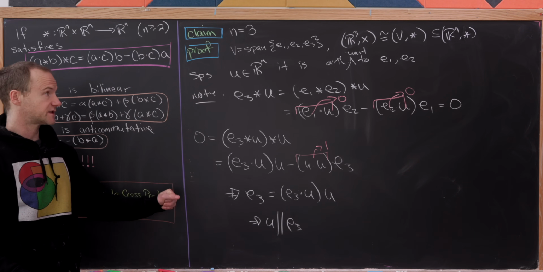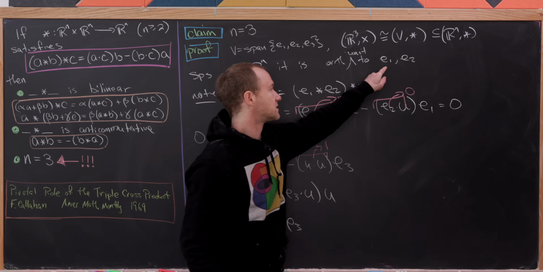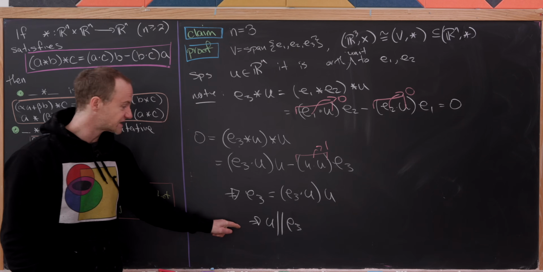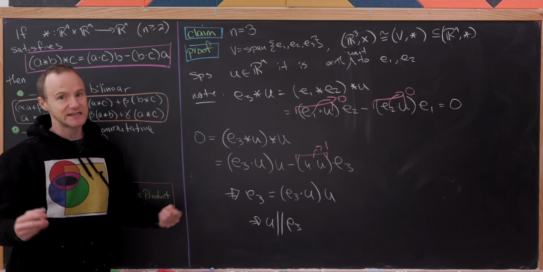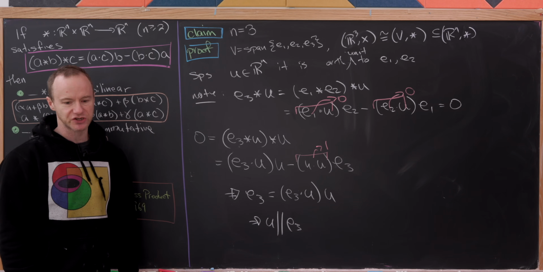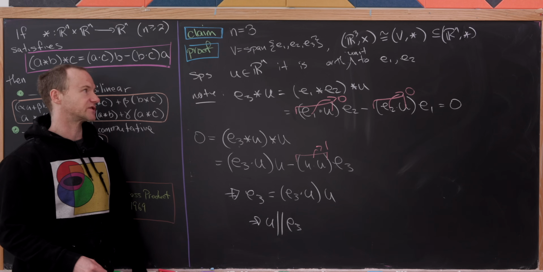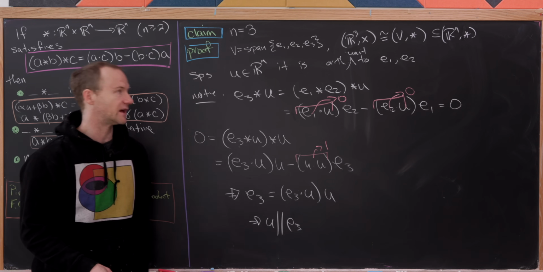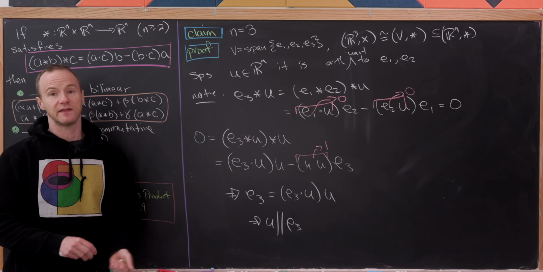In other words, any vector u that's orthogonal to E1 and E2 must be parallel to E3. But that condition is strong enough to mean that we only have a three-dimensional space. Otherwise, we would have more vectors that are not parallel to E3 that are orthogonal to both E1 and E2. And that's a good place to stop.